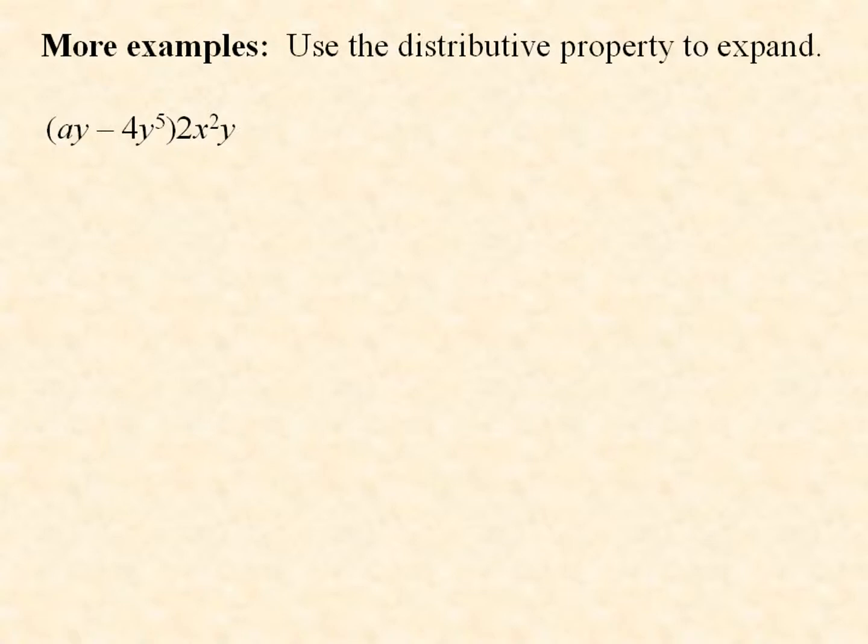Another example, the quantity ay minus 4y to the fifth times 2x squared y. The 2x squared y is outside parentheses. That will be distributed over each term in the parentheses. So we have ay times 2x squared y plus negative 4y to the fifth times 2x squared y.